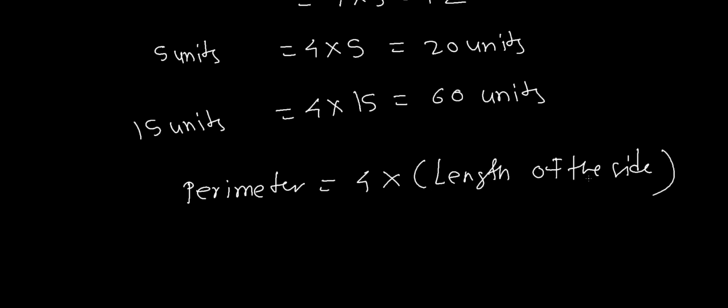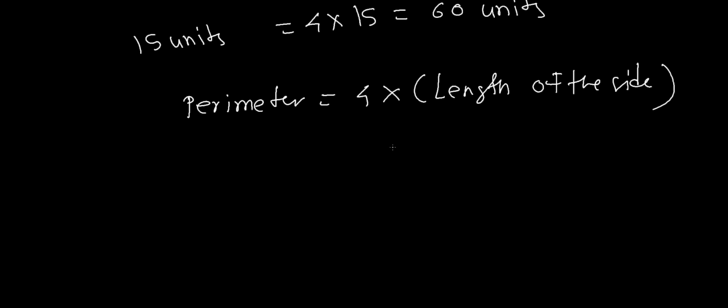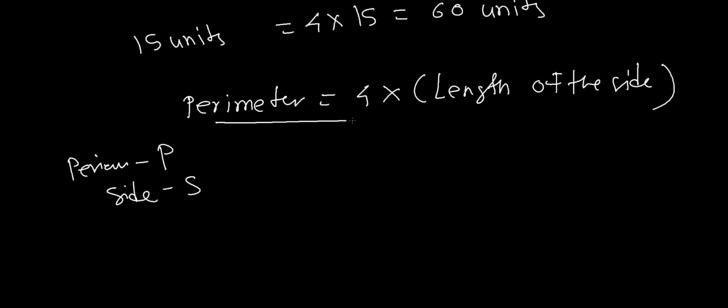In case of a square, it's the length of the side of the square. And if we represent perimeter as P and length of the side as S, we can write this as P equals 4 into S.